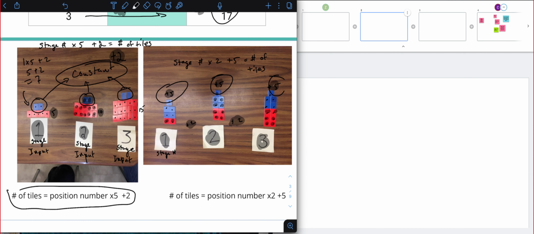You can see how, just by looking at this, it looks like the one on the left is going to grow faster. It's going to grow faster because of this multiplication by 5. Okay? On the right, it doesn't look like it's growing as fast because we're only multiplying by 2.